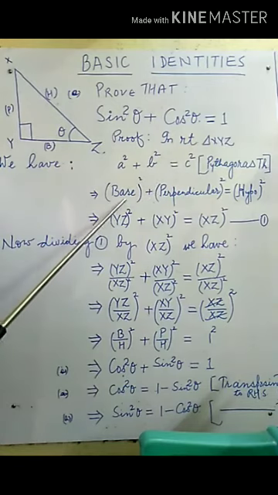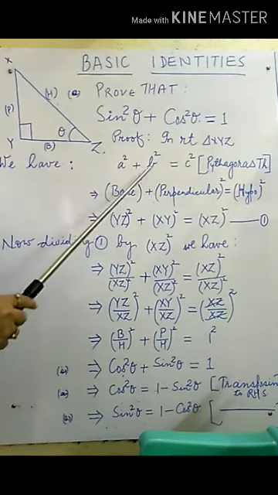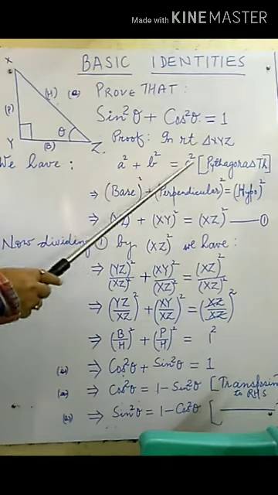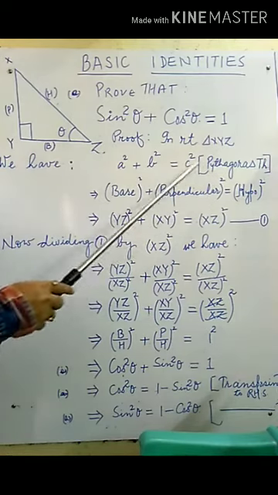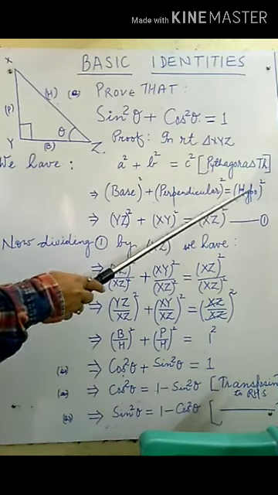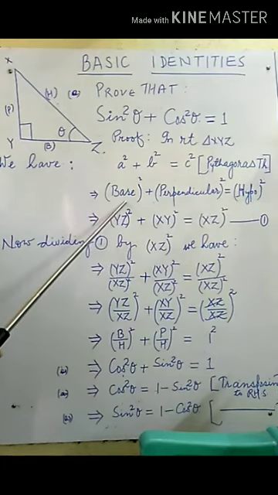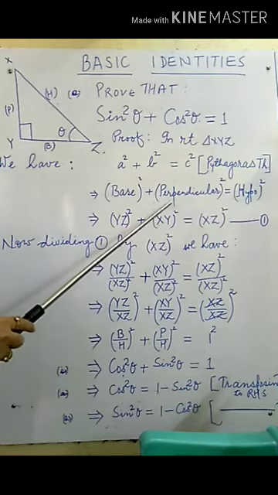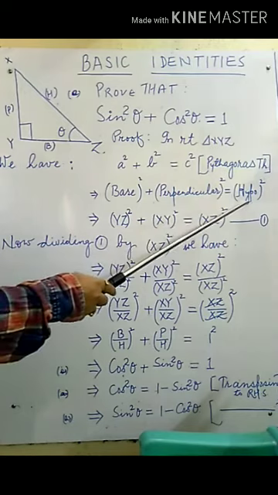A indicates base, b indicates perpendicular, and c indicates hypotenuse. So base square plus perpendicular square equals hypotenuse square.